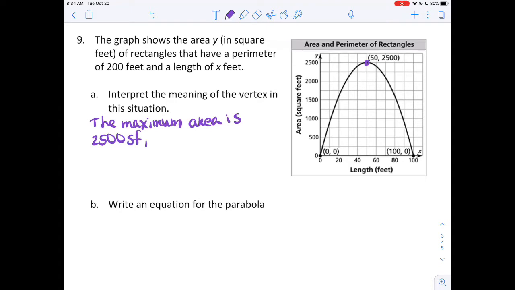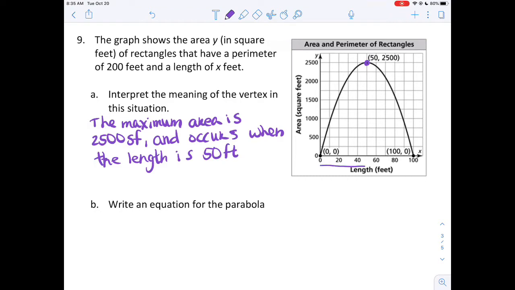And that's going to occur when the length is 50 feet. So we can see that as we read from left to right, we're increasing in length from 0 all the way to 100.